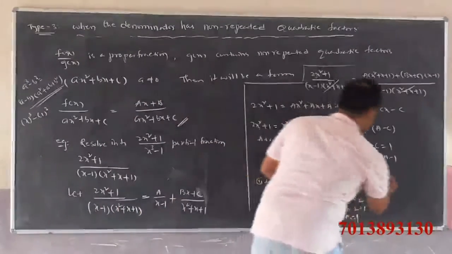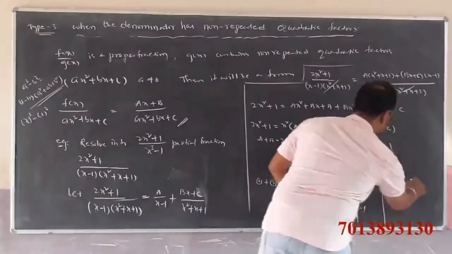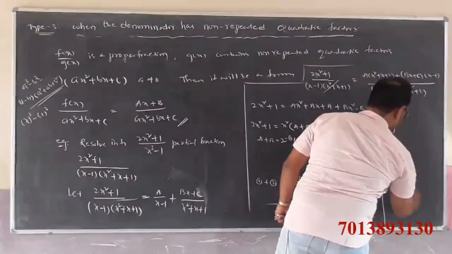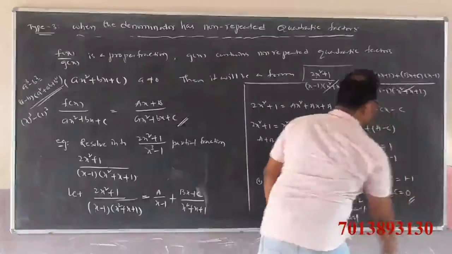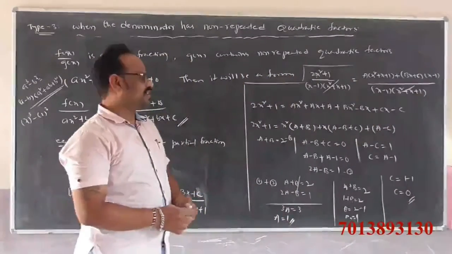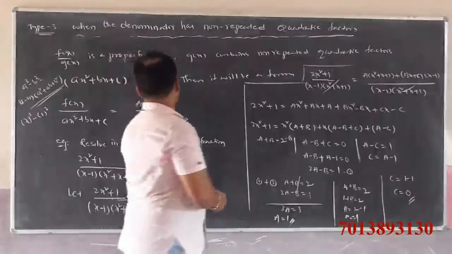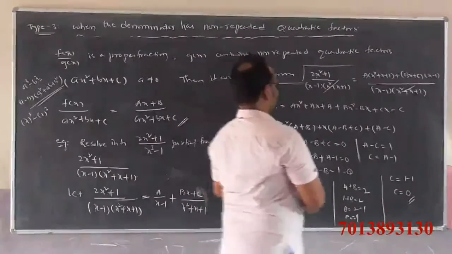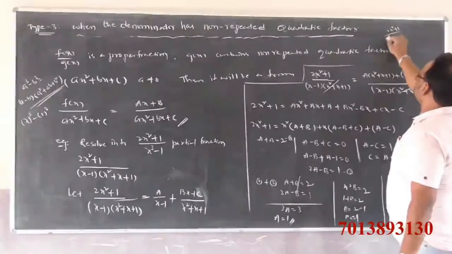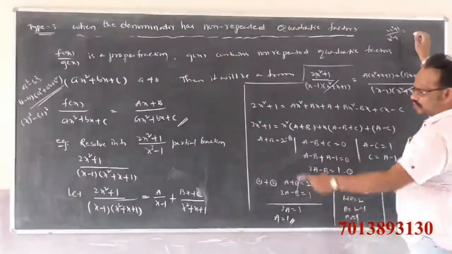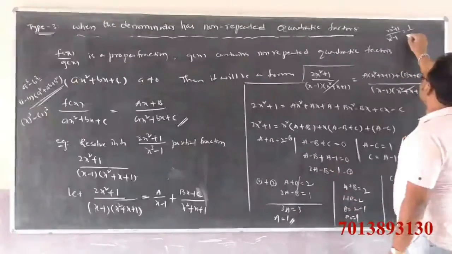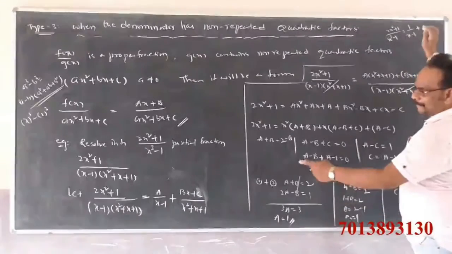And also we want the c value. C is equal to a minus 1. We get the a value 1. Substitute here: 1 minus 1. So c is equal to 0. We get the a, b, c values. So this can be written as 2x square plus 1 by x cube minus 1 is equal to: the a value is 1, so 1 by x minus 1, plus bx plus c.